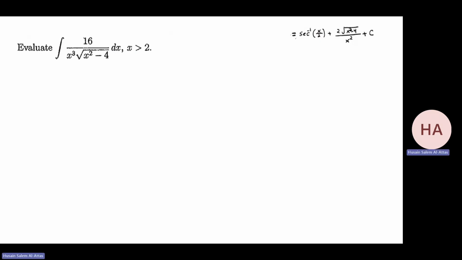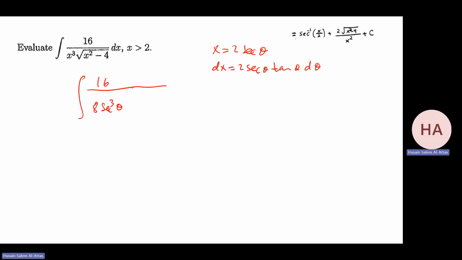Now, I let x be 2 secant theta. The dx will be 2 secant tan theta d theta. See what will happen. I have 16 over. Let me do the integral. Okay. x cubed, it will be 8 secant cube theta.